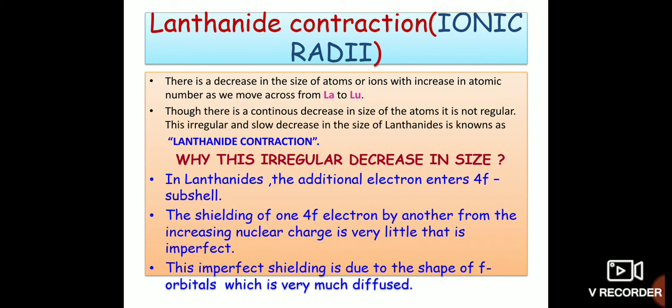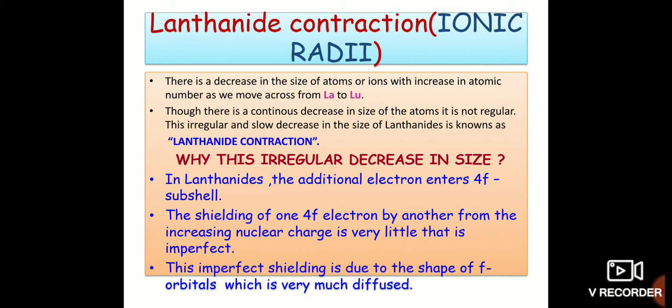Okay, but though there is a continuous decrease in the size of the atoms, the decrease is not regular in case of lanthanides. So this irregular and slow decrease in the size of lanthanides is known as lanthanide contraction.